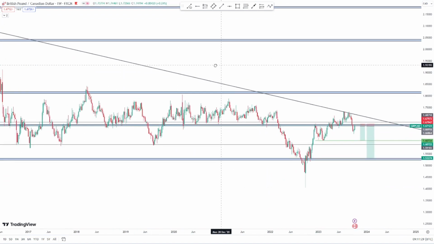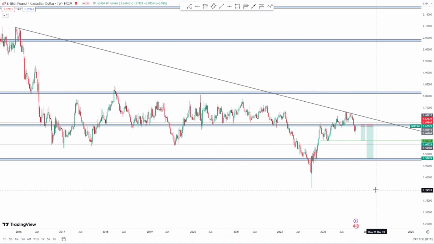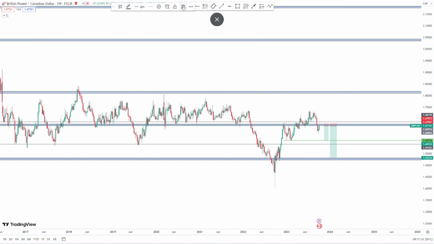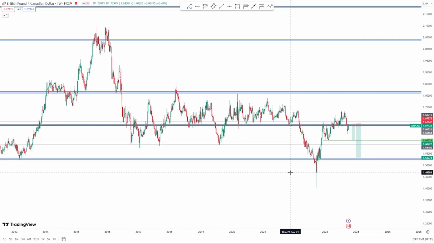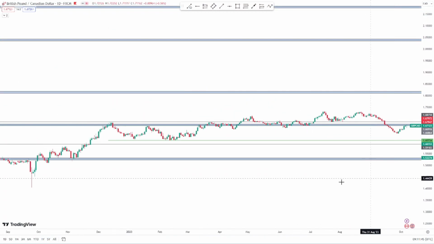Something like this. You can see we are bearish overall.